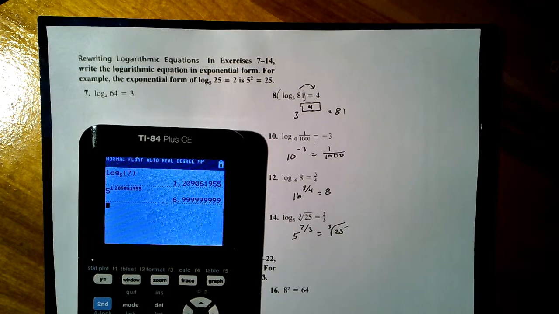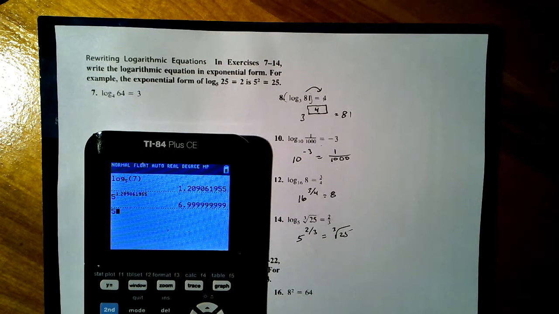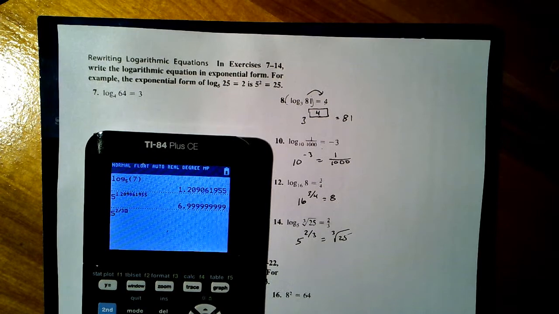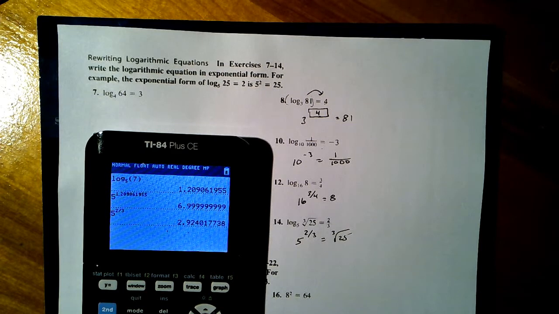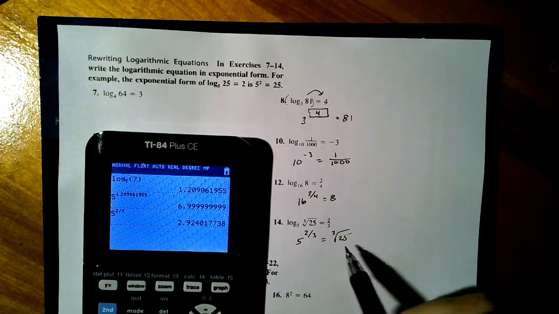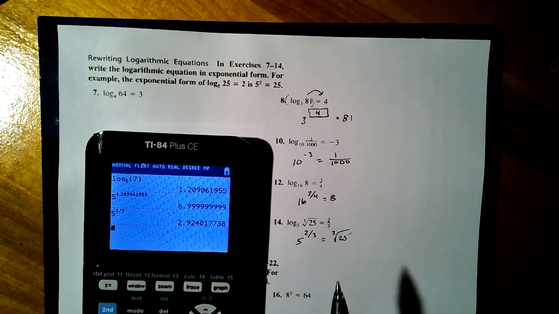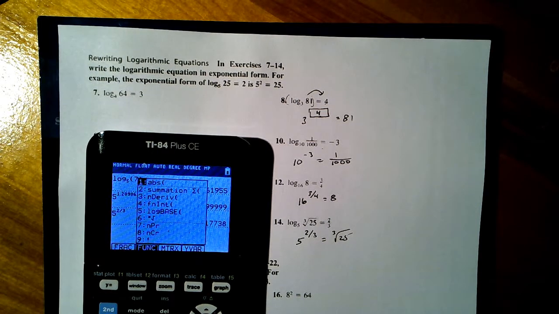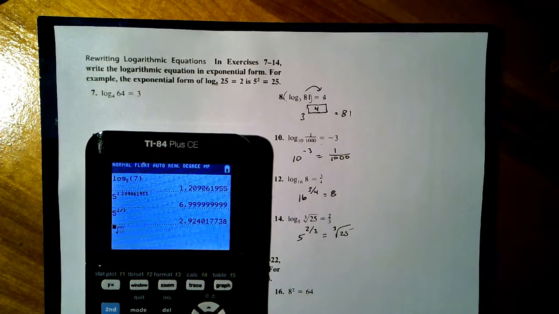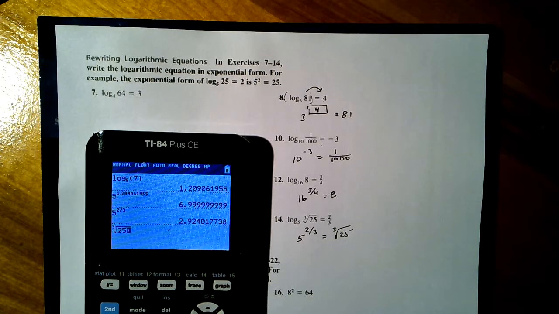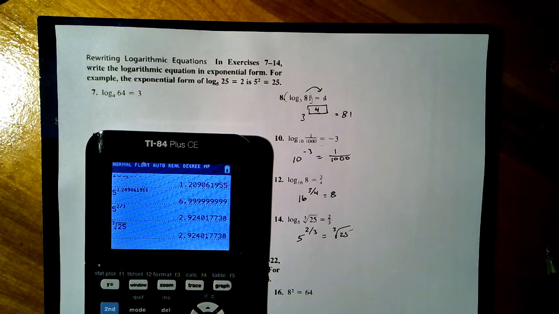Let's take a look here. Let's go 5 raised to the 2 divided by 3 is 2.924. And the third root of 25, let's go to the alpha window here for the third root. There's another nice feature. The third root of 25 is that. So there we have it.